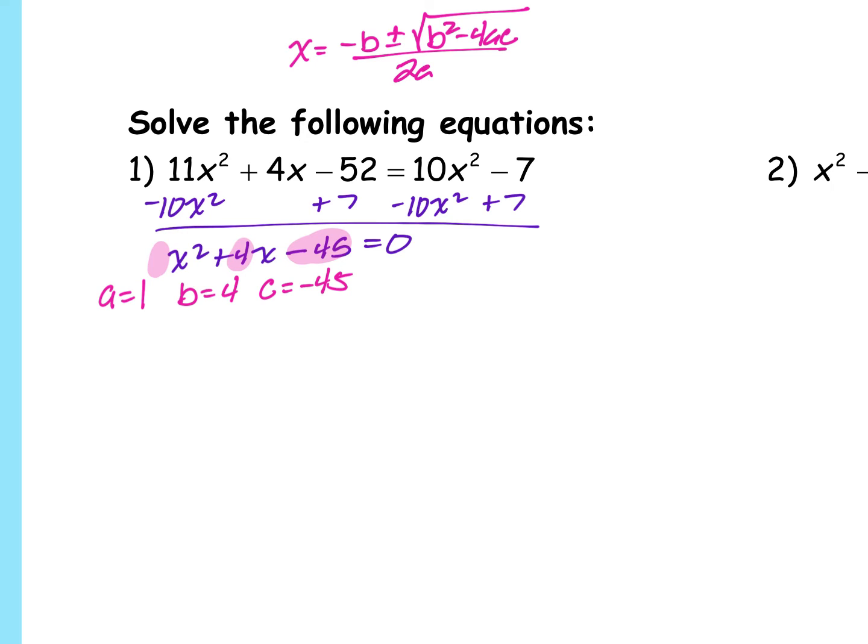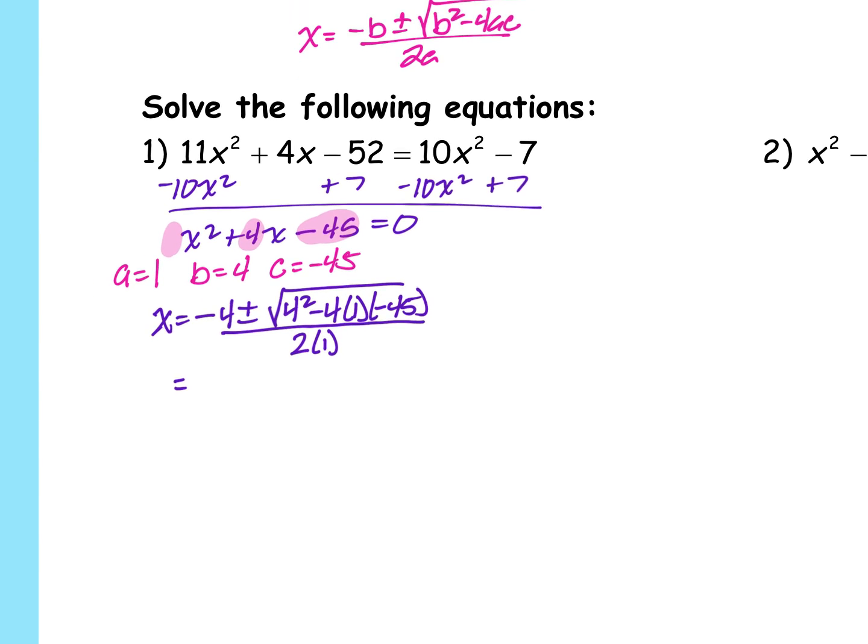So here I go. X is going to equal minus b, so minus 4, plus or minus the square root of b squared, so that's 4 squared, minus 4 times a, which is 1, times c, which is negative 45, all divided by 2 times a, which is 1.